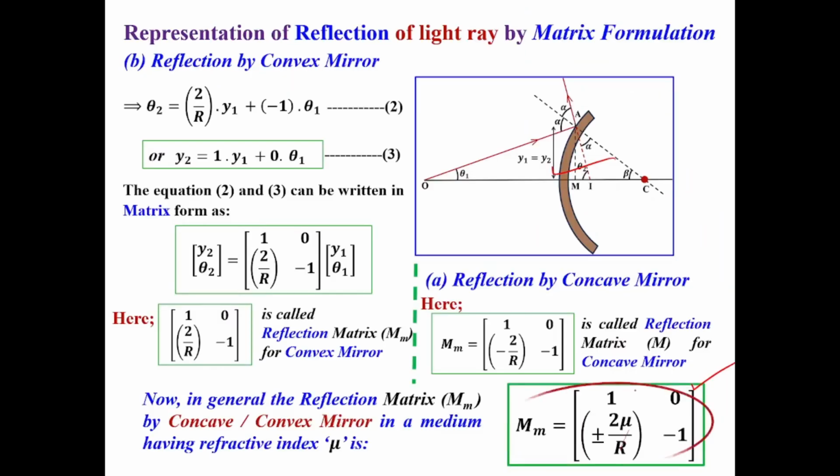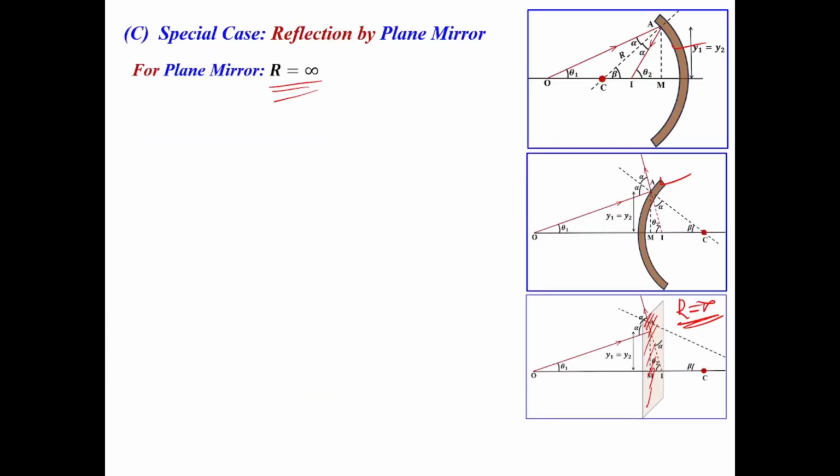So in general we found this expression: for a concave or convex mirror, the reflection matrix is this one. For a plane mirror the r value will be infinite. If I put infinity over here, this term will be 0, right? The same thing I have written over here.